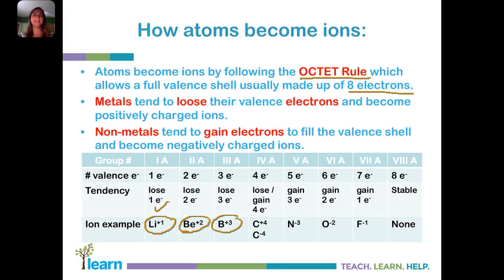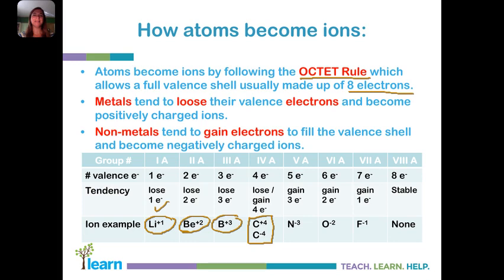Group 4 is a tricky one because it can either gain or lose these 4 electrons. Therefore, they will form either positively charged ions or negatively charged ions. Then we move into the groups that have more valence electrons, such as groups 5, 6, and 7, which have 5, 6, and 7 valence electrons.